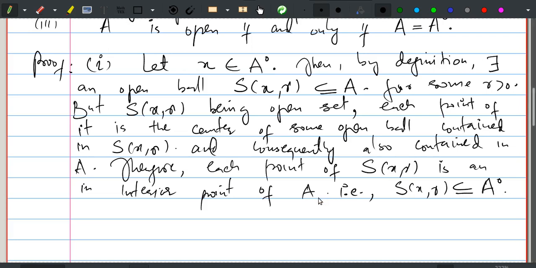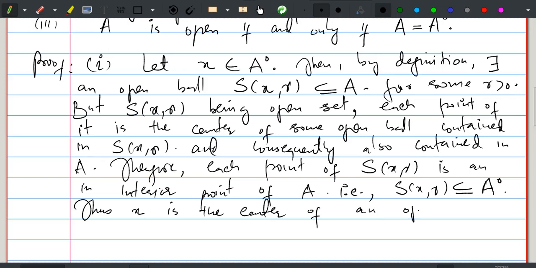Thus x is the center of an open ball contained in A interior.